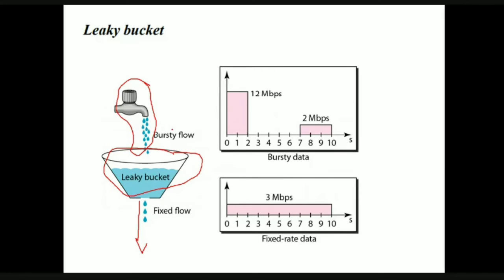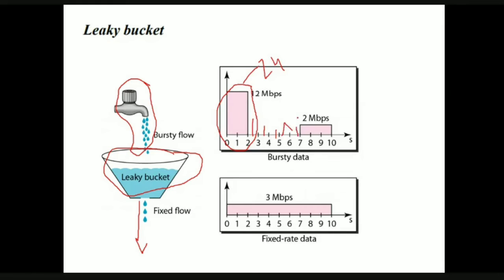I'll tell you an example here. We looked at different types of traffic profiles: constant data, variable bit rate data, and bursty data. In the starting 2 seconds, the sender has sent 12 Mbps, that is 12 megabits per second, so for 2 seconds it is 24 Mbps.